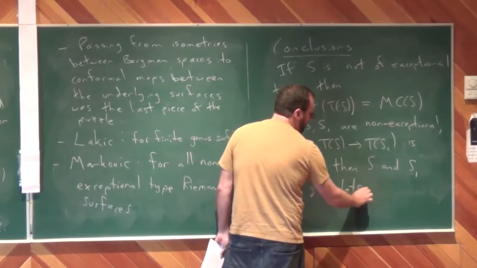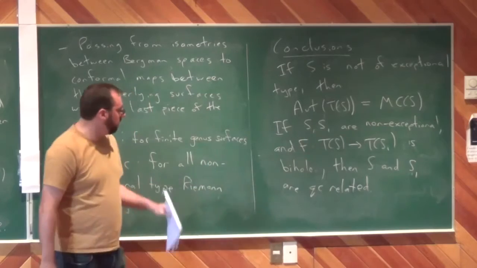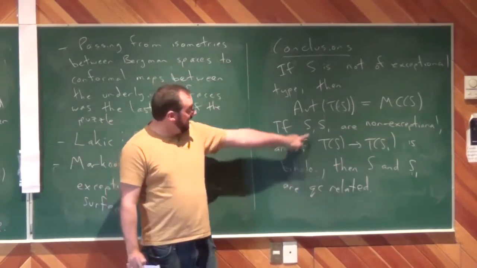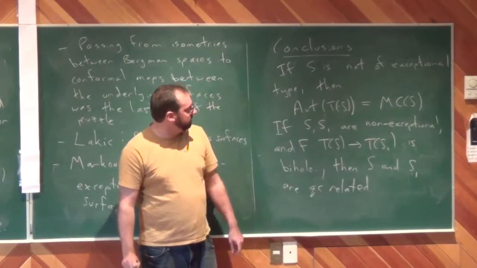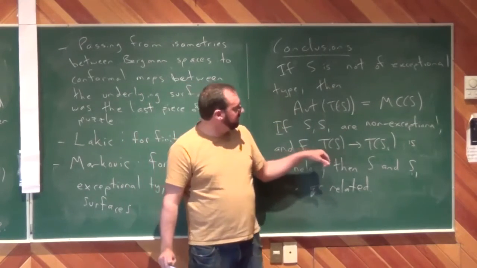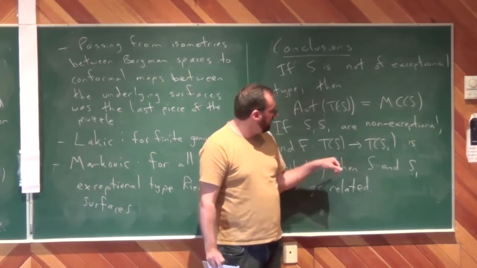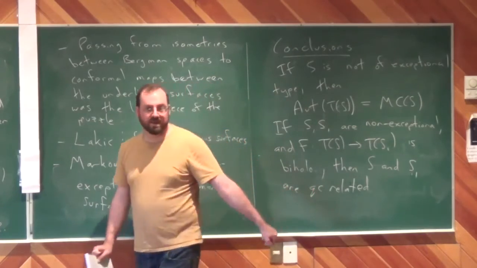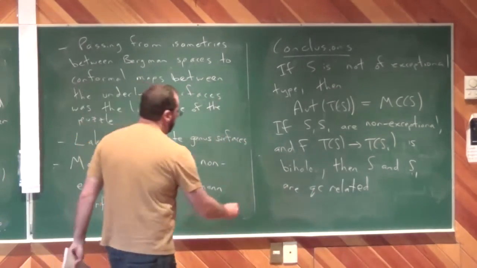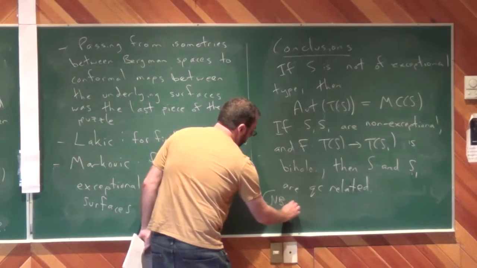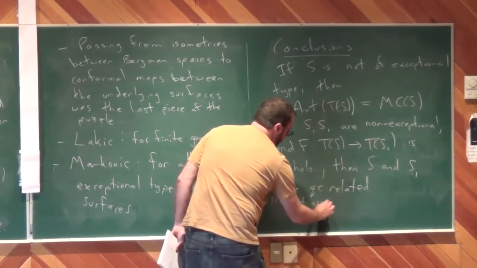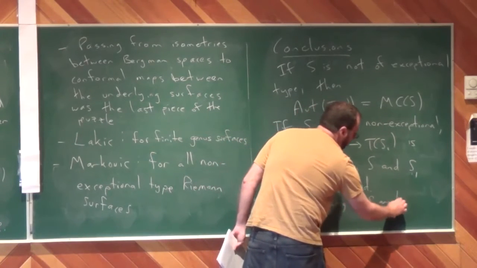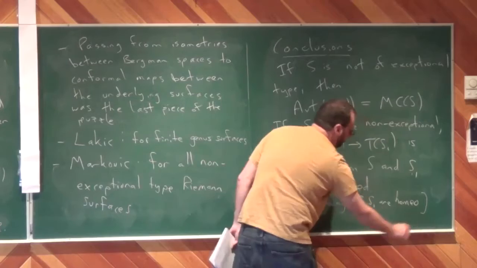So there's a quasi-conformal map between S and S1. The point here is that you're not even starting by saying S and S1 are homeomorphic. All you're saying is that you've got a biholomorphic map between the respective Teichmüller spaces, then that gives you the corresponding underlying surfaces must be quasi-conformally related. So we're not assuming S and S1 are homeomorphic, but that drops out as a conclusion.